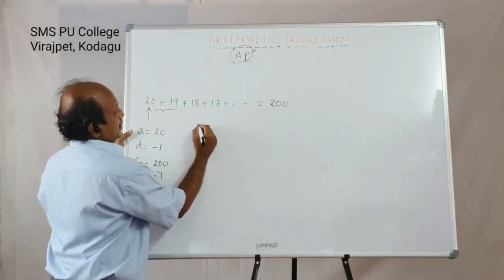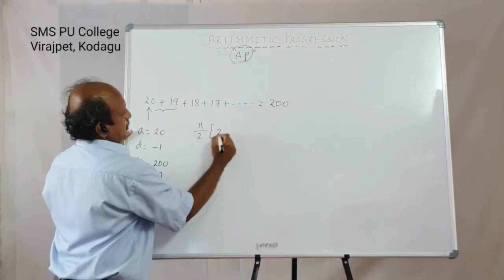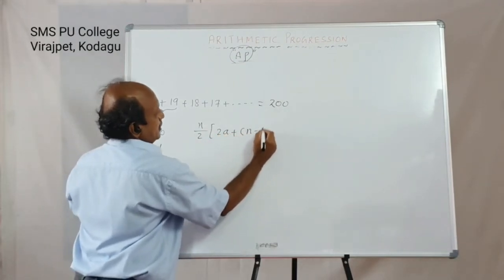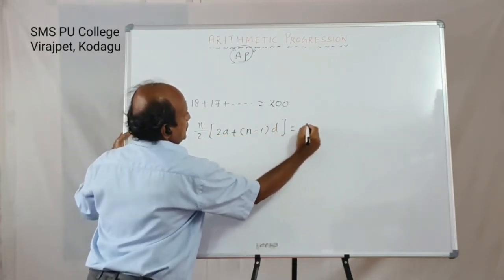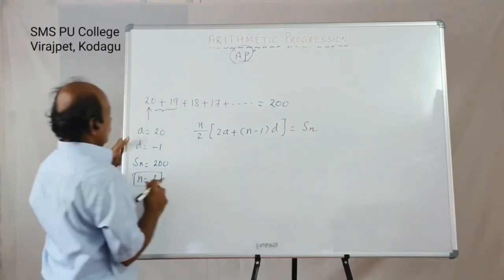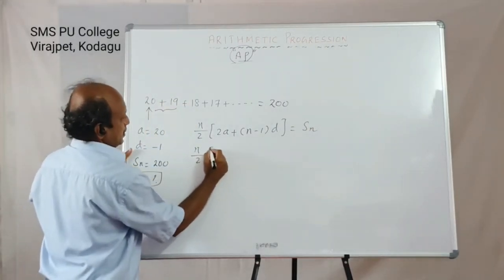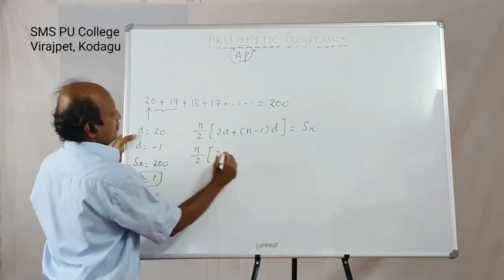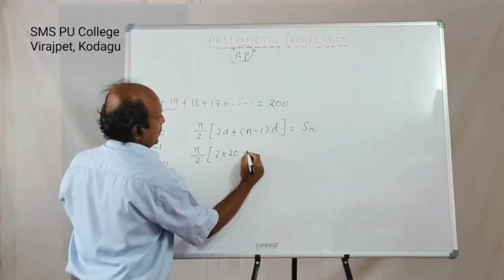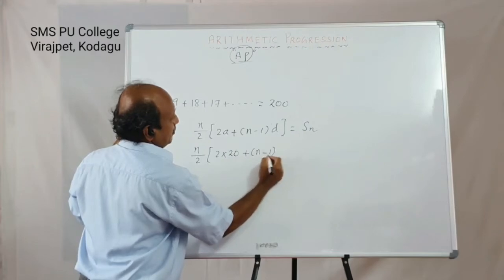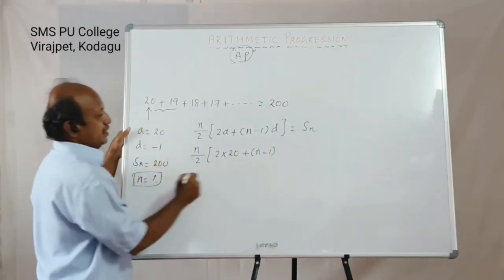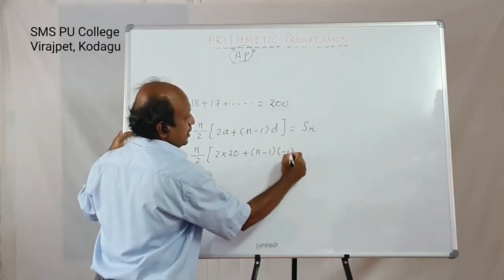What is the formula? n by 2 into (2a plus (n minus 1) into d) is equal to Sn. What is the n value? We do not know, retain it as it is. What is the value of a? The value of a is 20. What is the value of d? d is nothing but minus 1.